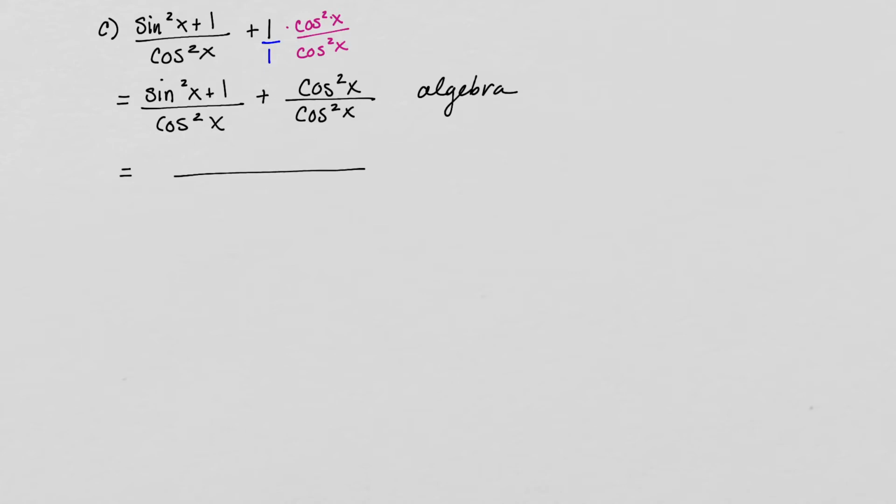When I add them, the bottom is still cosine squared x, but on the top we now have sine squared x plus 1 times cosine squared x. Again, all I've done is algebra. I took my original problem, made the denominators the same, and added my two fractions together. Questions?